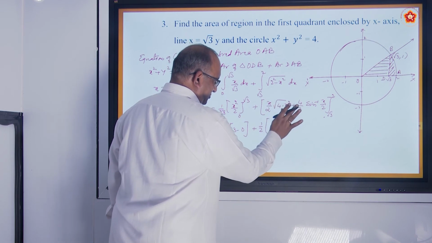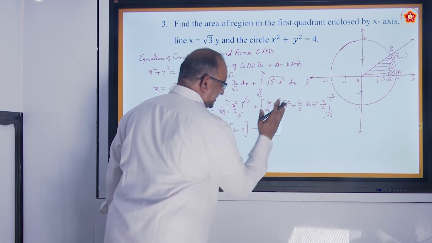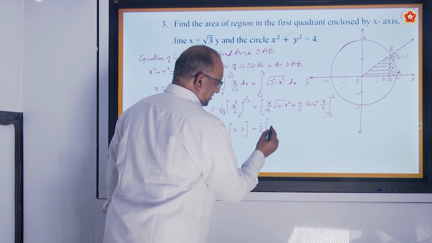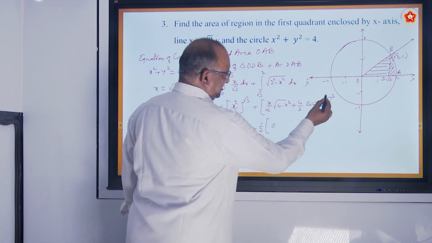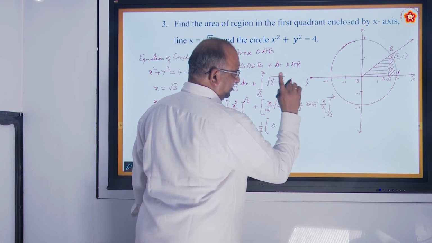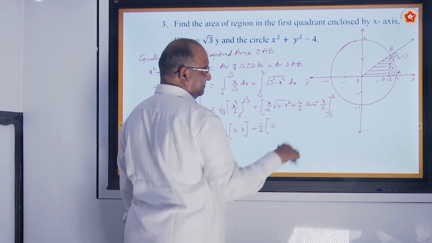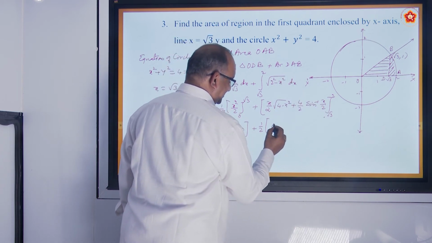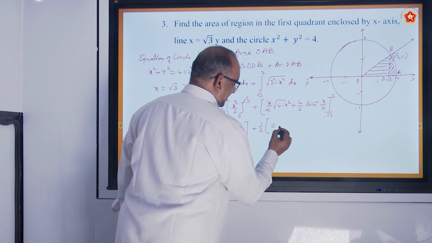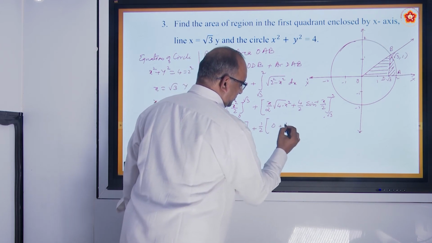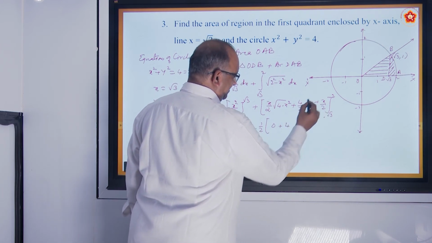It will become 0. So basically we are trying to say that this whole thing will become 0. When you substitute 2 here, 2 by 2 will become 1, sine inverse 1 will become pi by 2, plus 4 into this will become pi by 2.